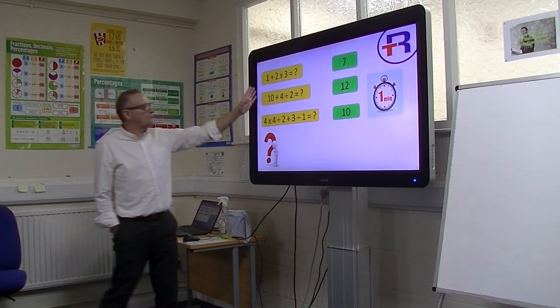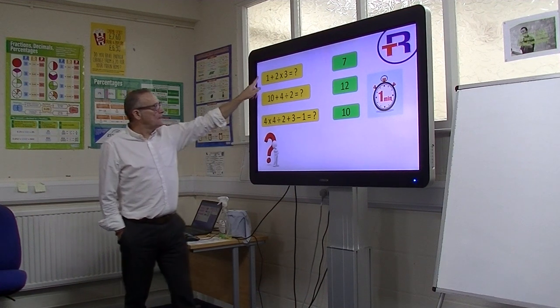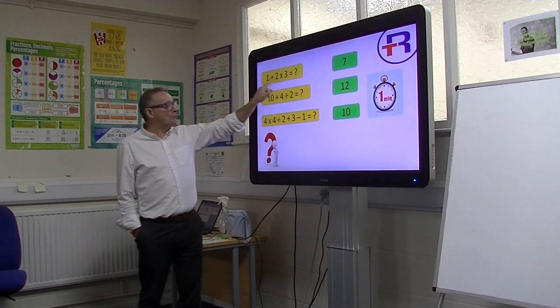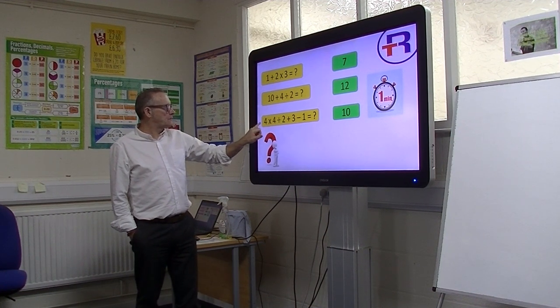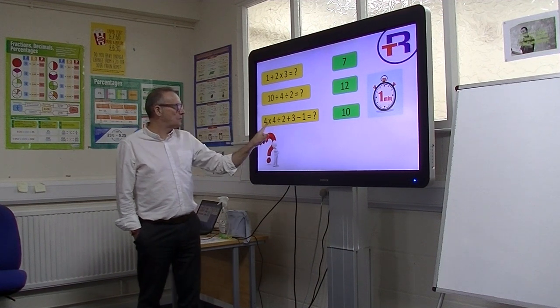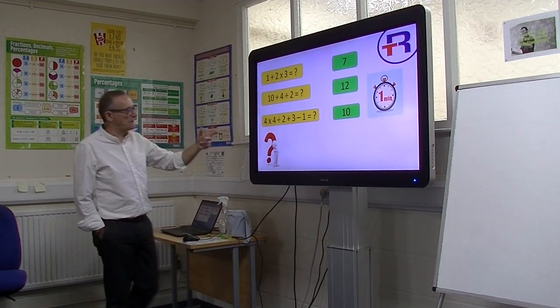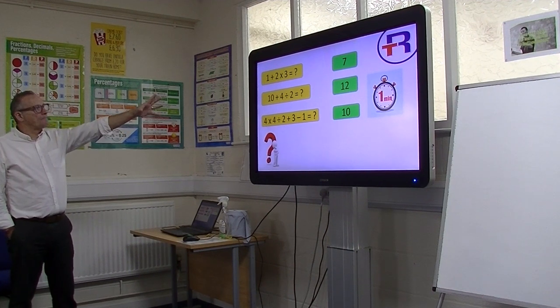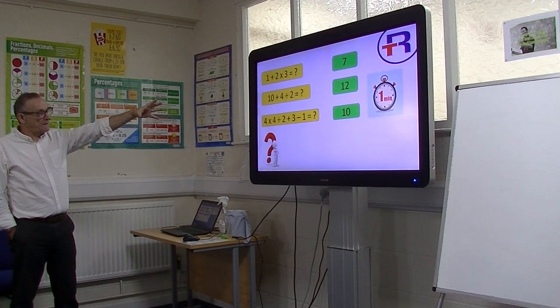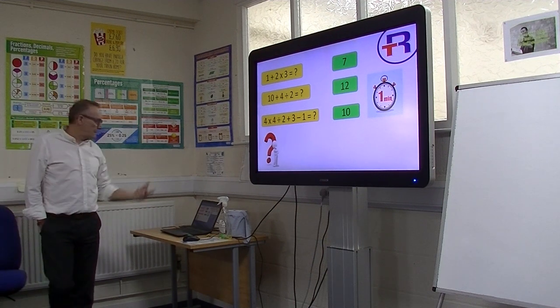But sometimes you'll get sums in maths where you've got more than two numbers and more than one operation. In that one you've got 3 numbers and 2 operations. This one, 1, 2, 3, 4, 5 numbers, and all 4 of the operations. So when you get a sum that looks like that, then we have to apply the BIDMAS rule.